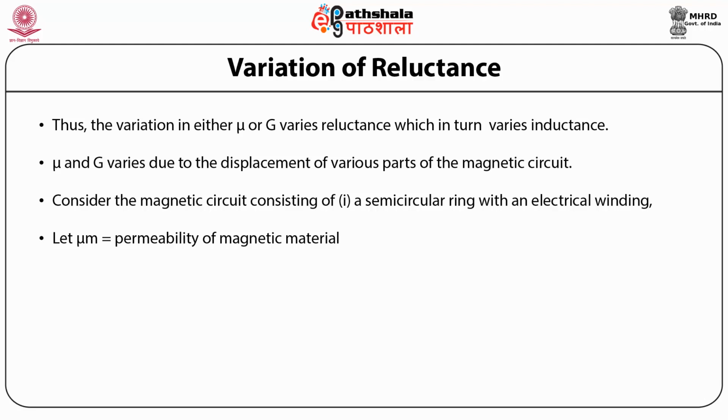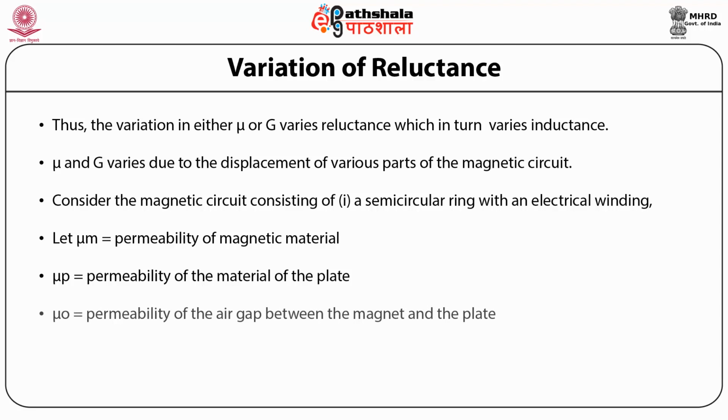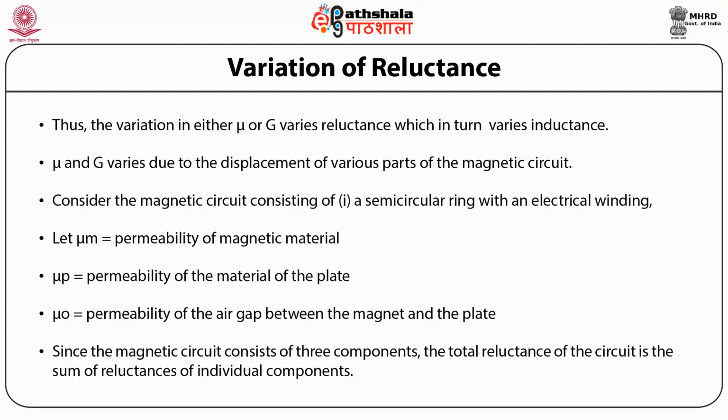Let mu m be the permeability of the magnetic material, mu p be the permeability of the material of the plate, and mu naught be the permeability of the air gap between the magnet and the plate. Since the magnetic circuit consists of three components, the total reluctance of the circuit is the sum of the reluctances of the individual components.